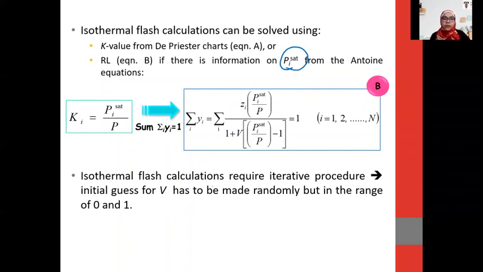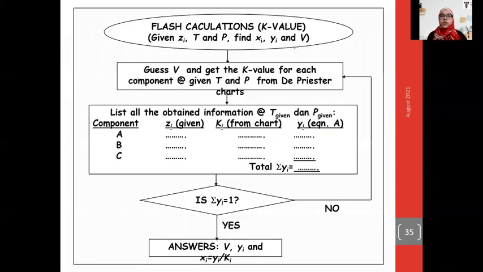Okay, the isothermal flash calculation requires an iterative procedure. A guess of the value of V has to be made, in the range from 0 to 1. So this is the summary in determining the flash calculation using K value.